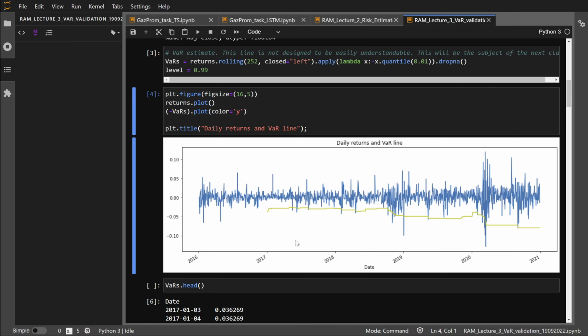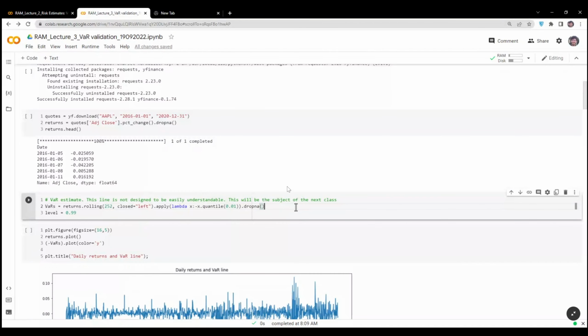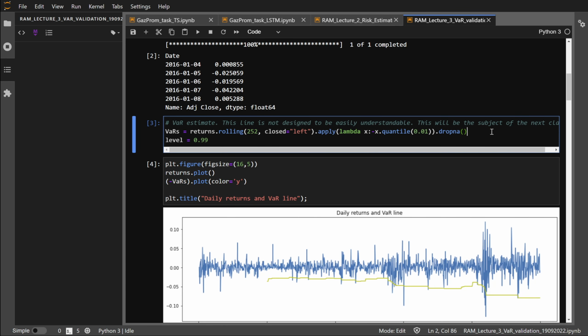Technically, I'm considering the previous 252 observations right before the moment today when I construct my portfolio. I estimate future potential losses with empirical distributions based on those 252 days.